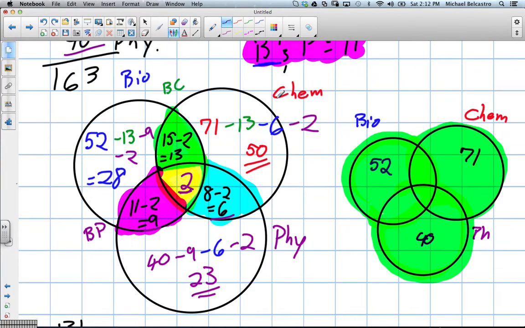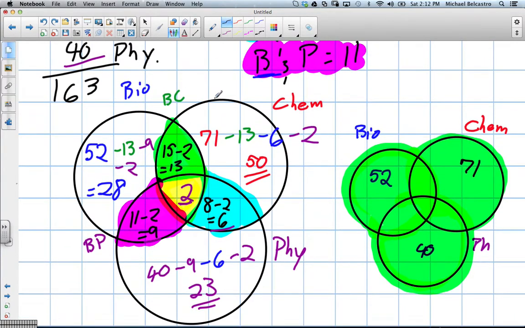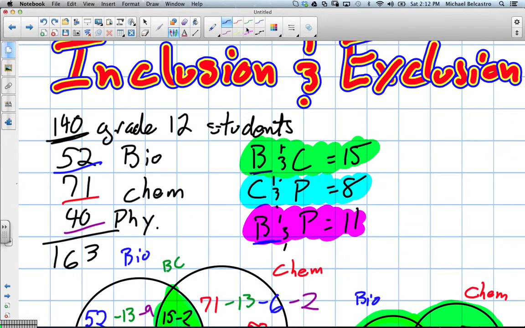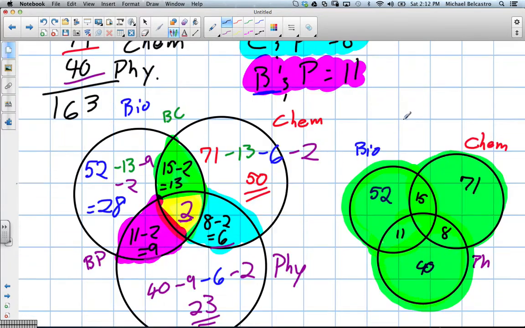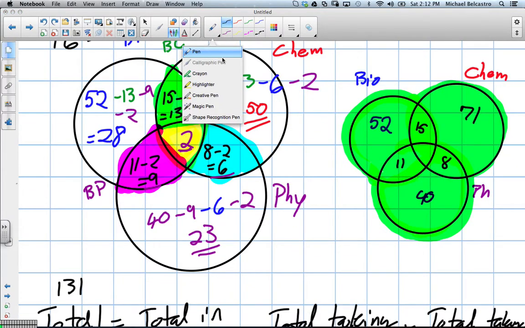Then we talked about people who are taking both. For instance, bio and chem, we said there were 15. People taking bio and physics were 11, and people taking chem and physics were 8. Well, what they're going to do now is they're going to subtract these values.